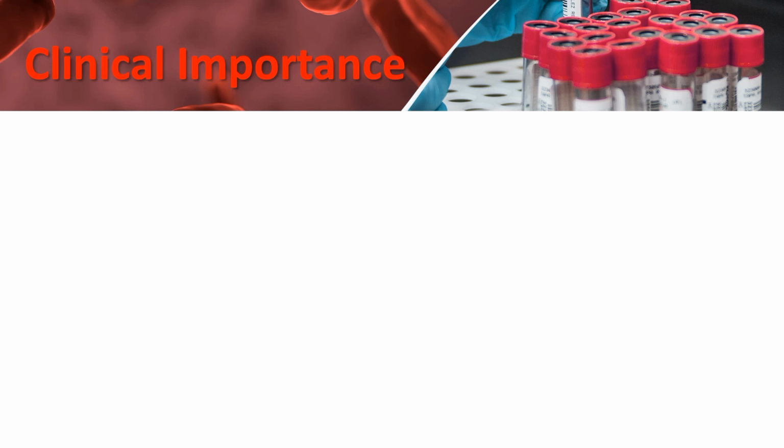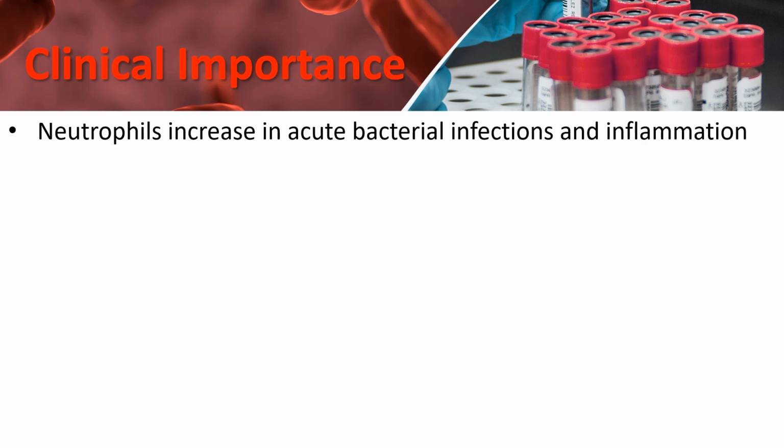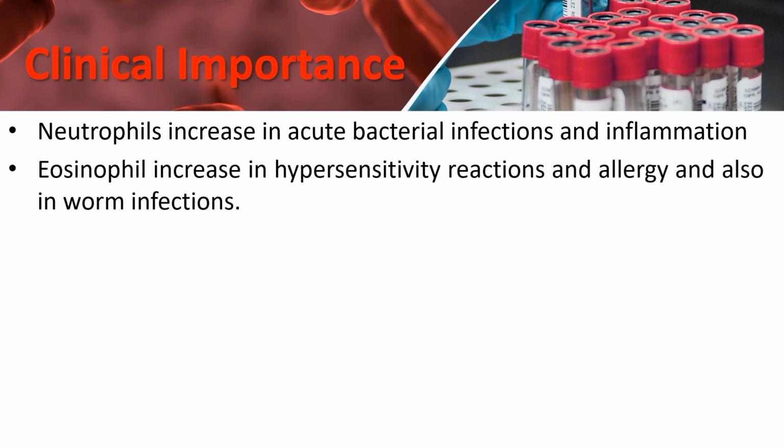What is the clinical significance of this practical? The percentage of neutrophils increases in acute bacterial infections and inflammation. The percentage of eosinophils increases in hypersensitivity reactions and allergy and also in worm infections.